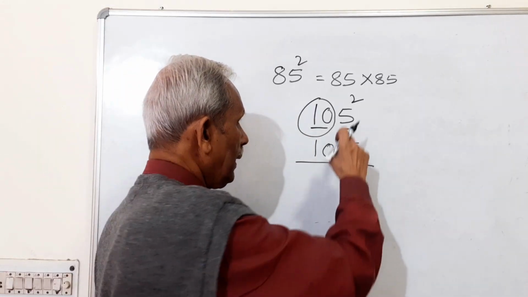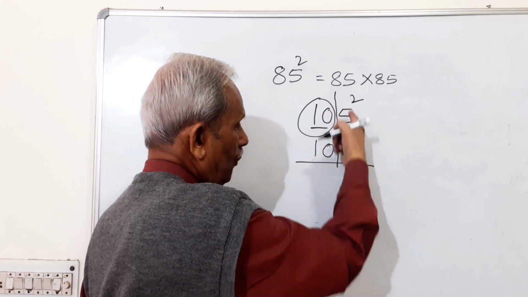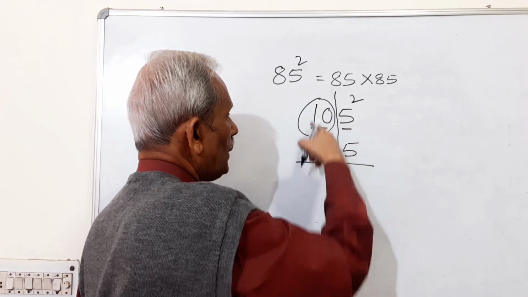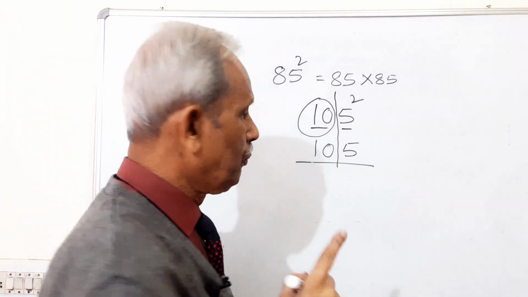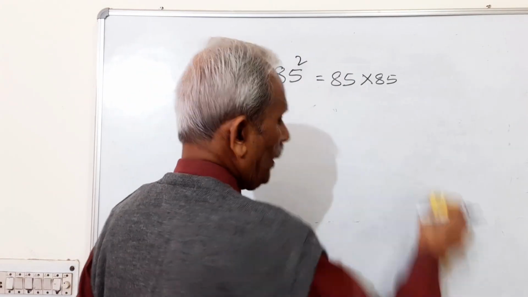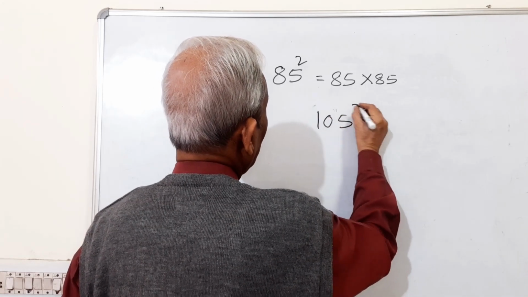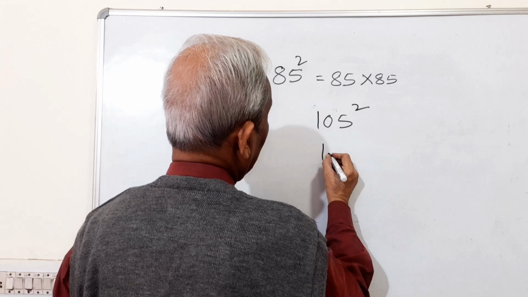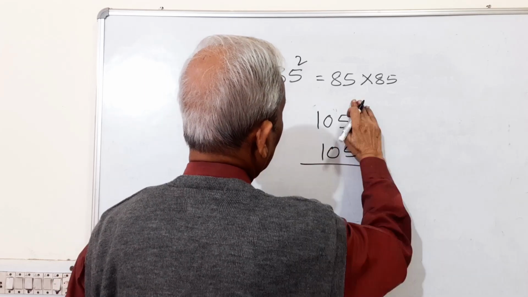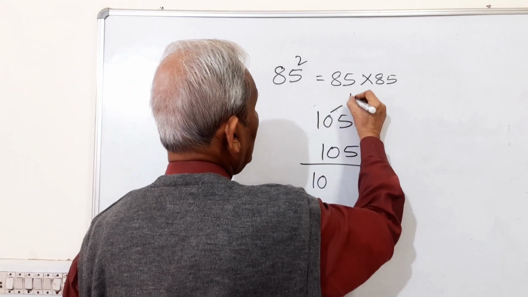I explain it again. 5 plus 5 is 10, that is the first part, the ones place total is 10, and here 10 and 10 are both the same, so you can apply Ekadhikena Purvena here. So for 105 square, we'll write 105, 10, and one more than 10 is 11.